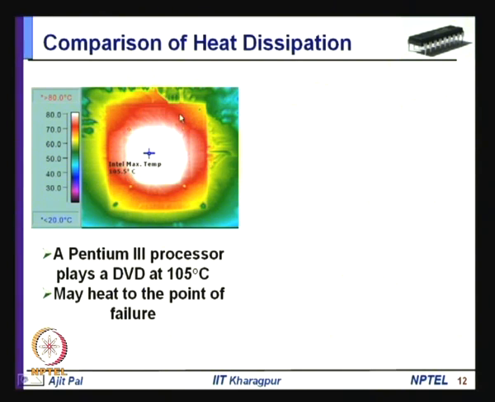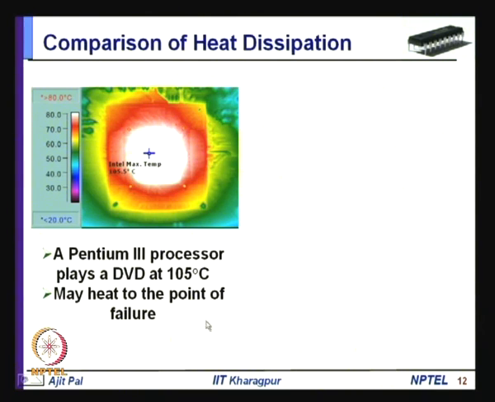Here the temperature profile within the processor is shown. You can see in the central part the temperature is rising to 105.5 degree centigrade, and this kind of temperature may lead to the point of failure. That means, the Pentium processor may fail whenever the temperature is rising to this level.